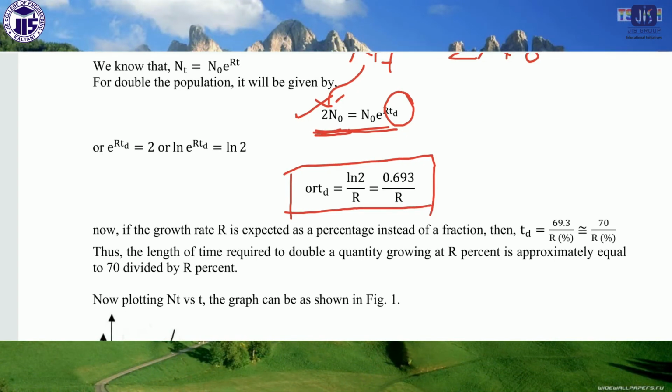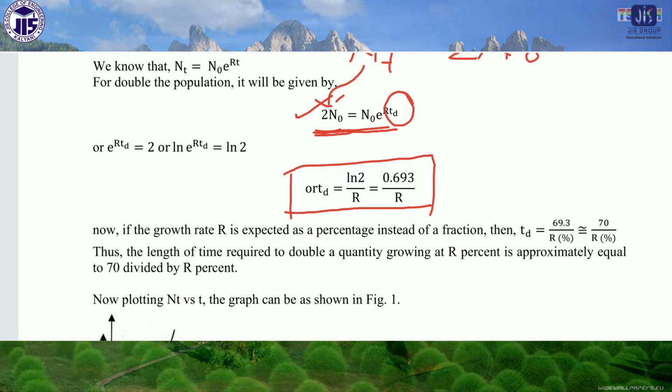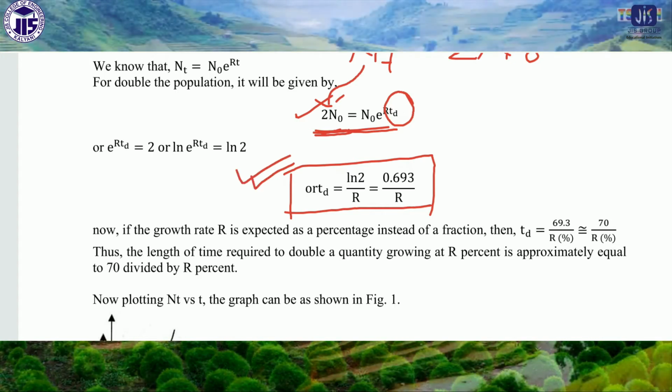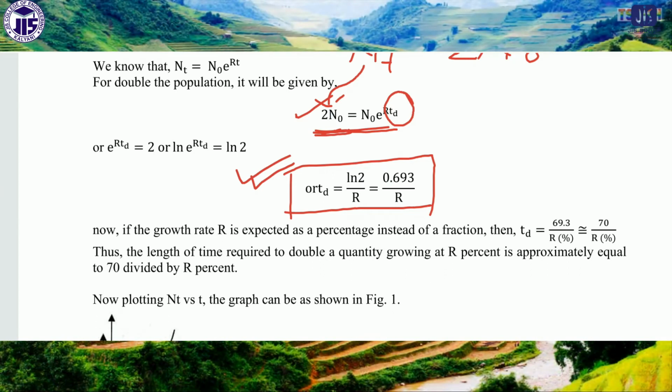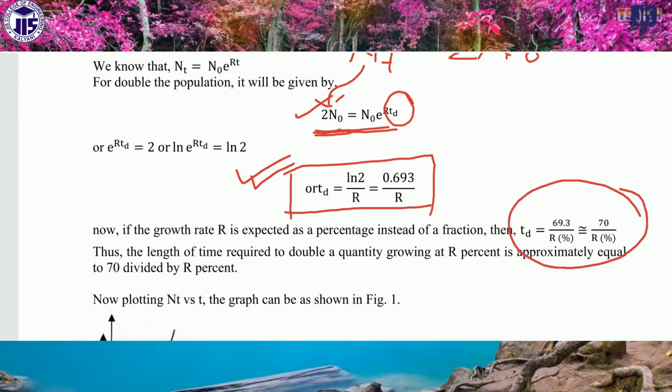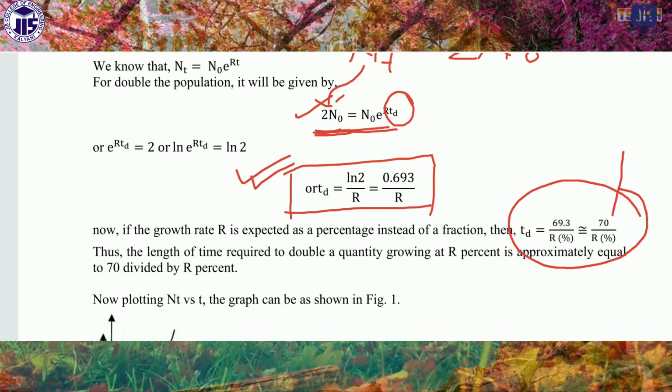There is another fact you have to keep in mind: generally this td, the doubling time of population, is expressed in the form of percentage. Then you have to multiply by 100, and you will get approximately 69.3, or approximately 70.